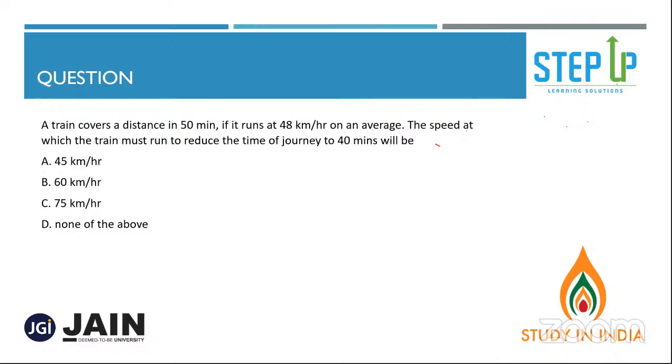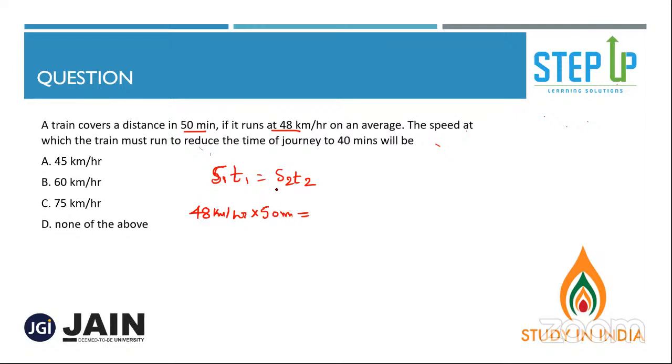60 is the answer. Yes, people. All of you got it, right? So it is fairly simple. Again, distance is constant. So in 50 minutes, it runs at 48 kilometer per hour. So S1 T1 is equal to S2 T2, like the first question which we have solved. 48 kilometer per hour, time taken is 50 minutes.